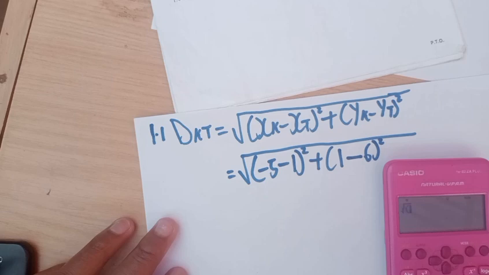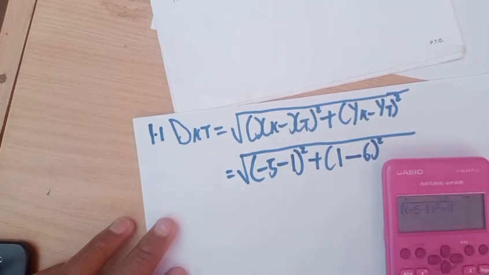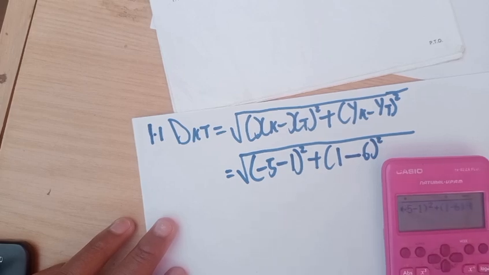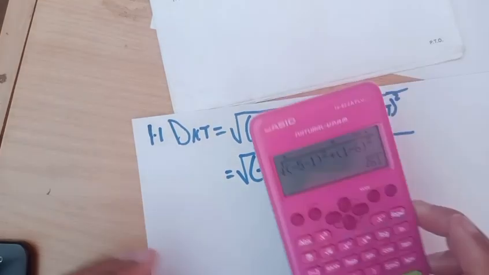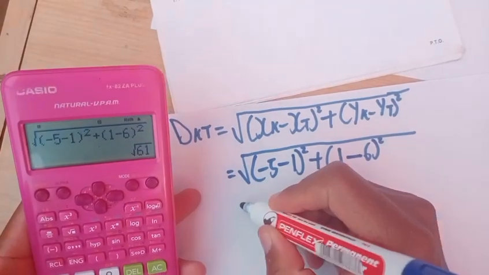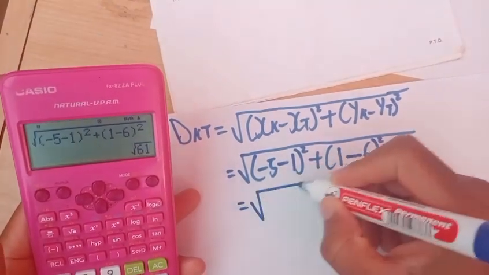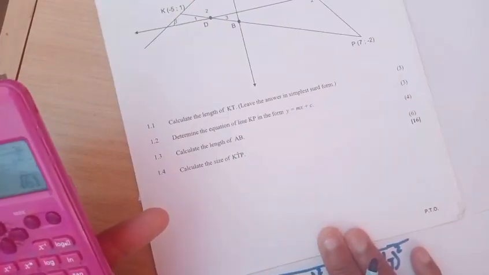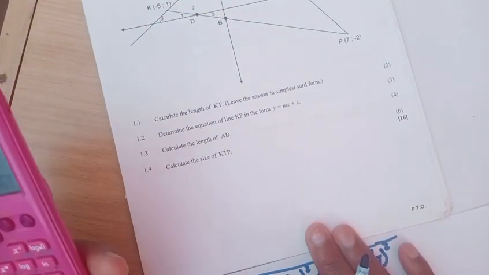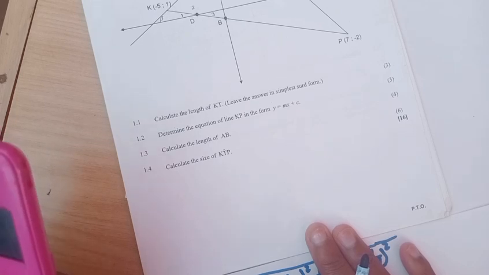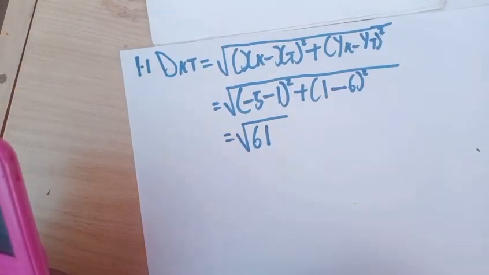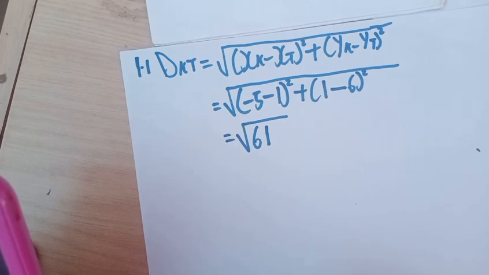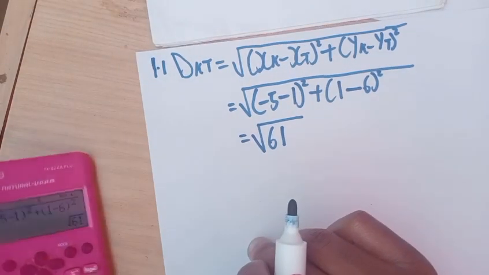So minus 5 minus 1, squared, plus 1 minus 6. The answer I get here is the square root of 61. If you look at the question, it says leave the answer in surd form, so the surd form is this one here.